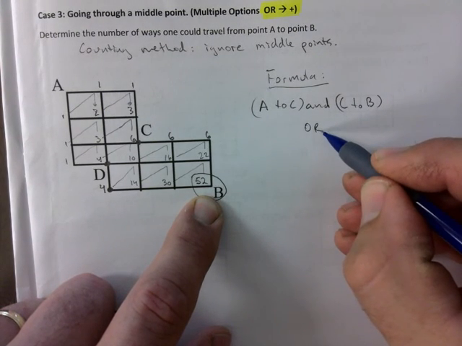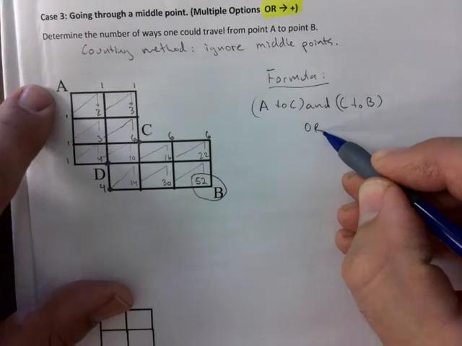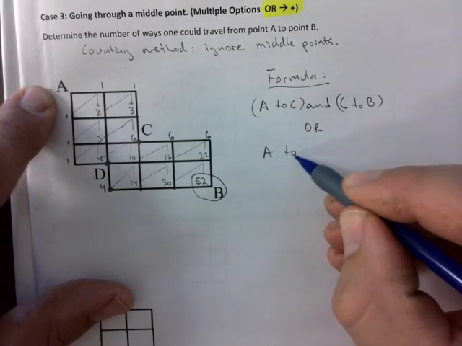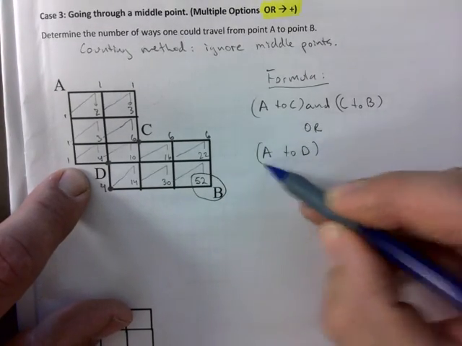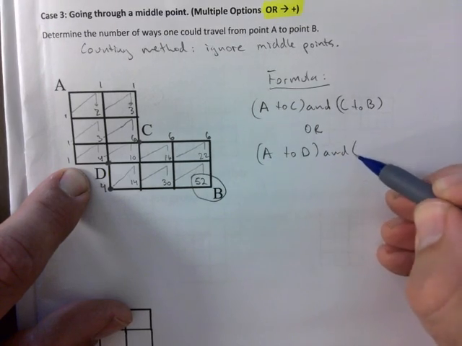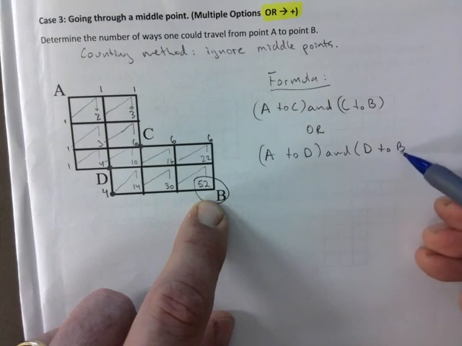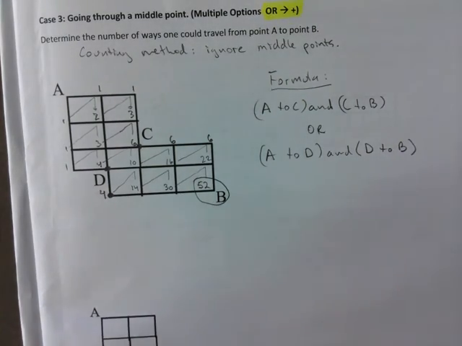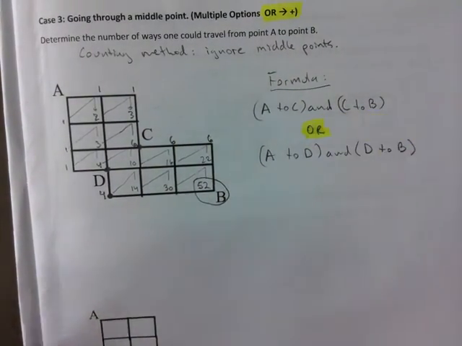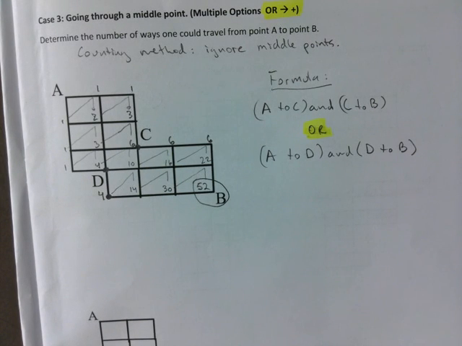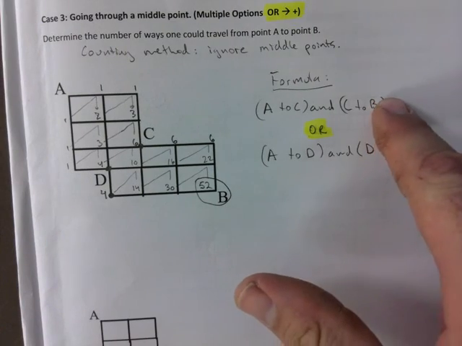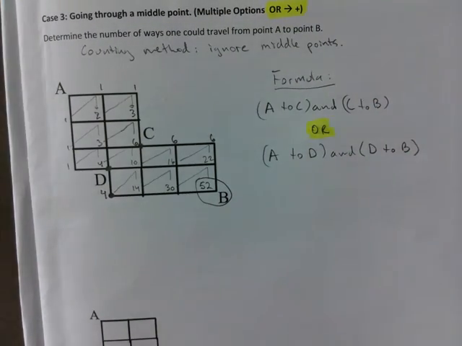Or the other option would be to go from A to D and D to B. Can I just emphasize the or, right? That's going to turn into a plus. You're going to have to add. Like this is almost like first case, second case, right? Like 2 cases to consider to get from A to B.